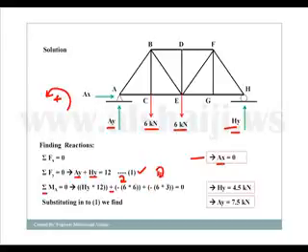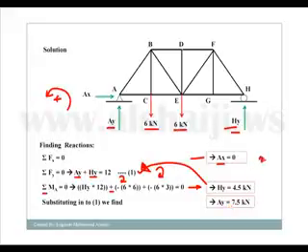Again, this force is rotating this way, opposite to what we assumed. Now if I solve this equation, I'll end up having HY equals 4.5 kilonewtons, and if I substitute this value back into equation 1, I'll have AY equals 7.5, and that's how we find these 3 reactions.